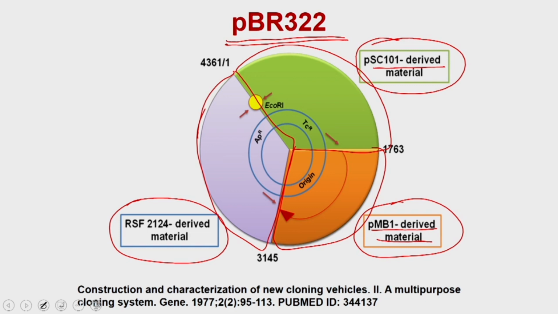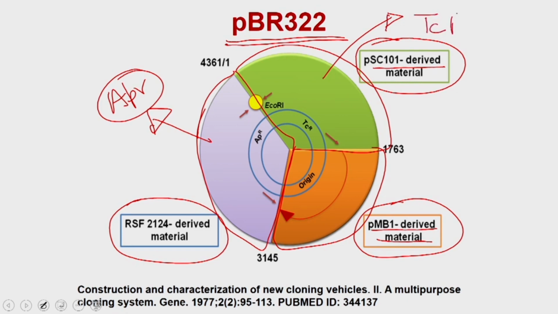From RSF2124 they have taken the ampicillin resistance gene, and from pSC101 they have taken the tetracycline resistance gene. That is how they introduced two selection markers into the plasmid, and then they took the origin of replication from pMB1.